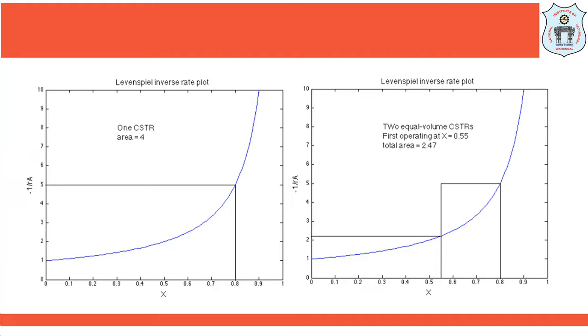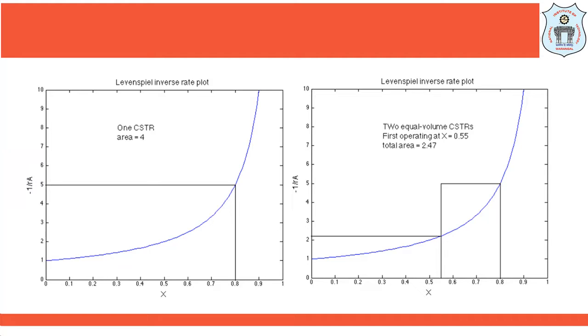So for the single CSTR the area is 4. When you use the two CSTRs, the total area is 2.47. Thereby around 62% of the volume of the single CSTR is required when we use two CSTRs of equal volume in series.